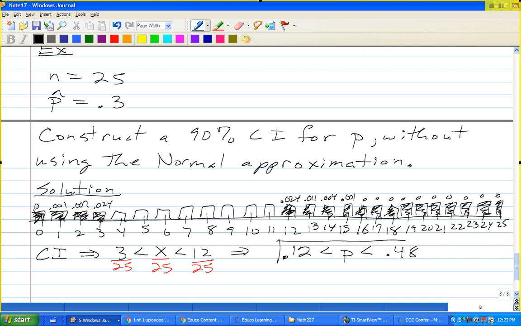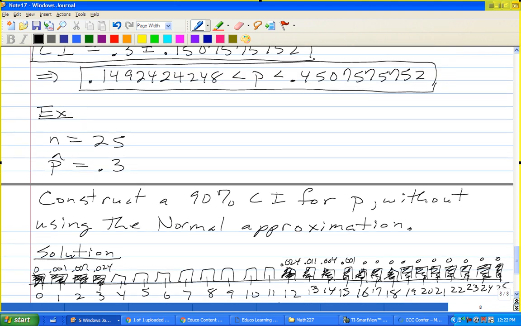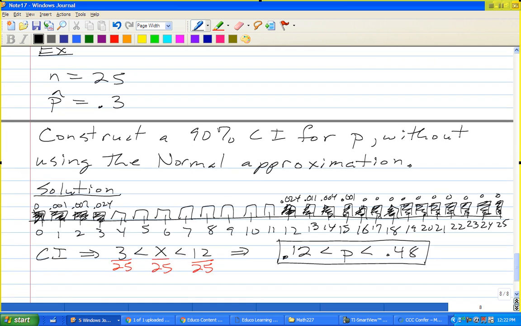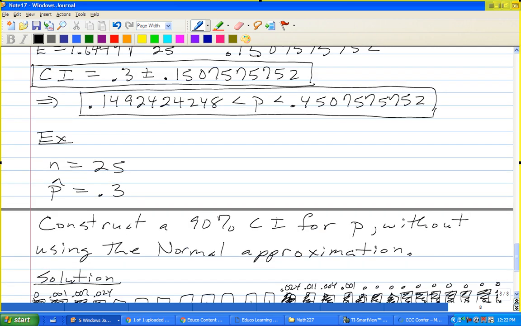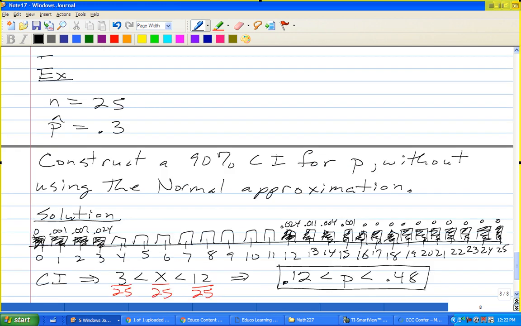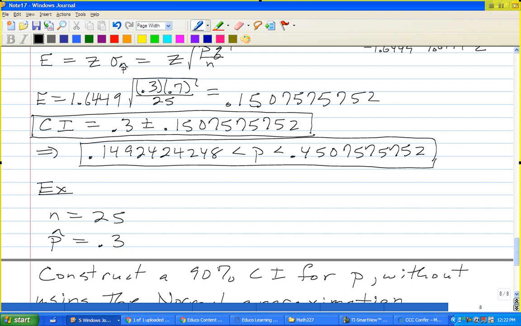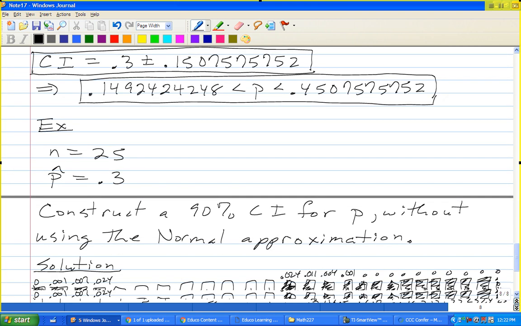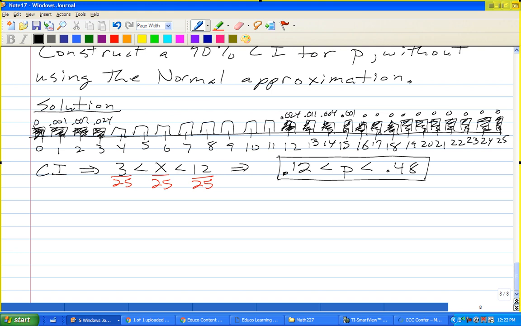Okay, so we said it was between 12 and 48. Here it says it's between like 14 and 45. So it's not too horribly bad. Obviously, it's off by a little bit. Doing it from the actual table without approximations will give you the actual answer, and the approximate answer, when n is pretty small, will give you something close, but obviously not exact.